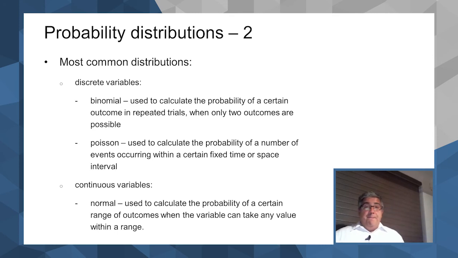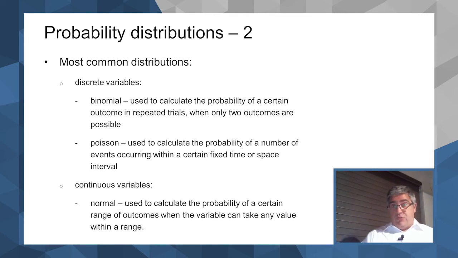Now, there are a lot of different distributions, and if you use some software, for example, for simulation, there are all sorts of different distributions that you can use. But there are 3 distributions that are the most common. 2 of them are discrete. One is the binomial, where there's only 2 possible outcomes, success or failure.